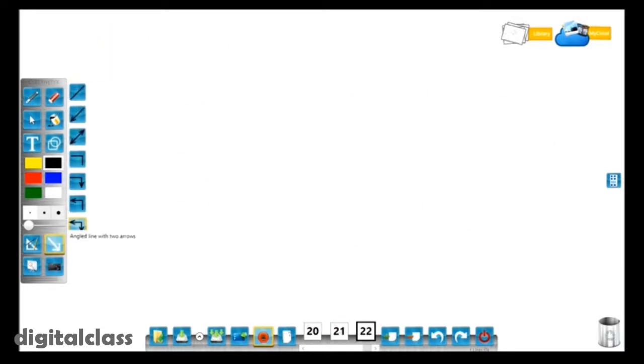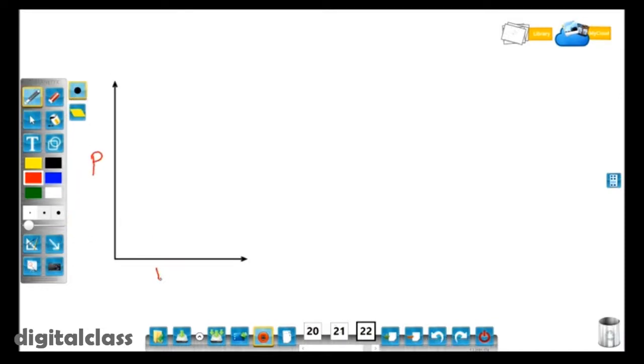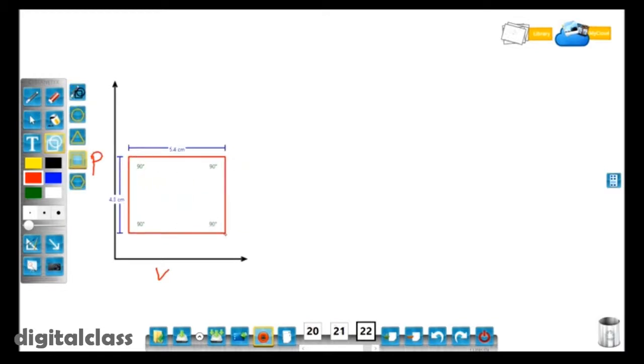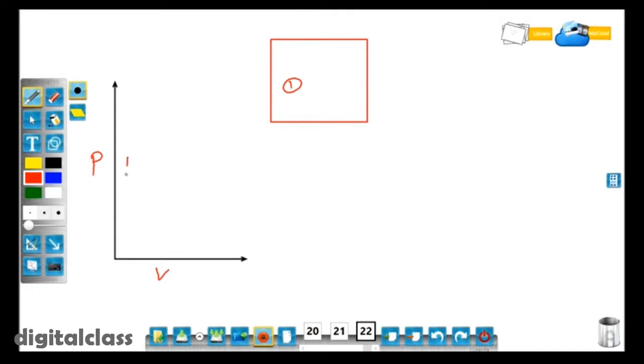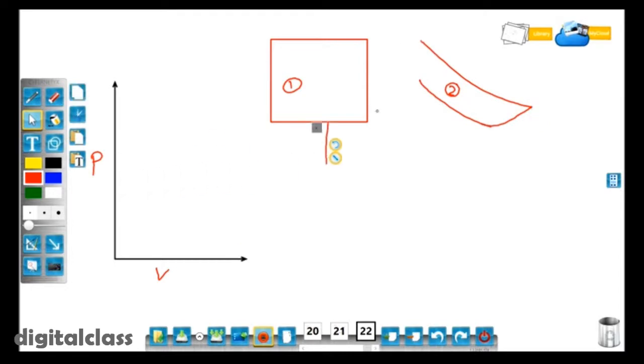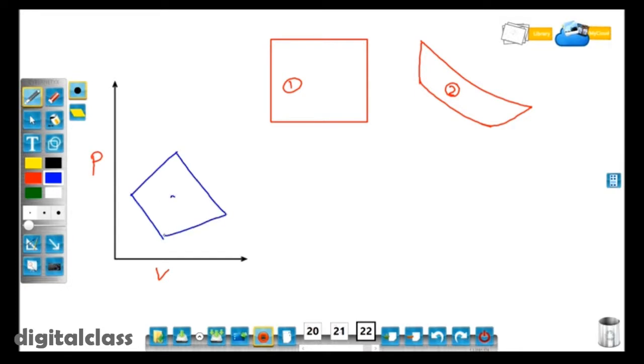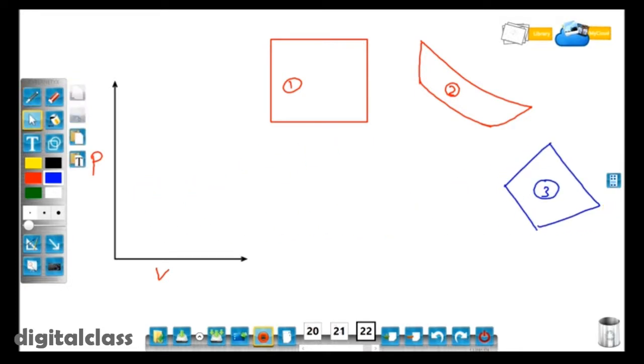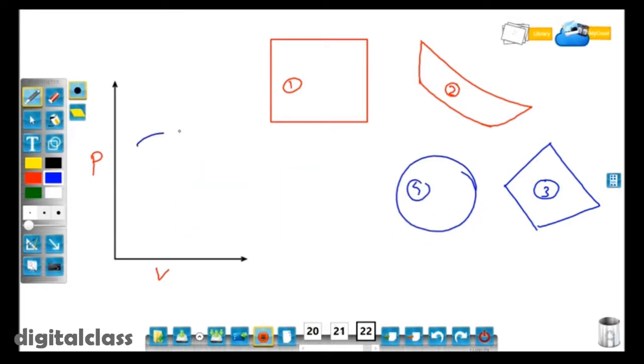We can try on both diagrams. So this is a PV diagram. First of all, we are going to see only the PV diagram. So this is a rectangle, and a rectangle is nothing but here the cycle. Any area or any closed loop is a cycle. We can draw any type of area, means we can design any shape of cycle.